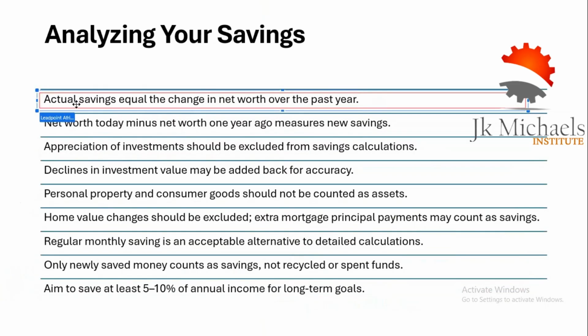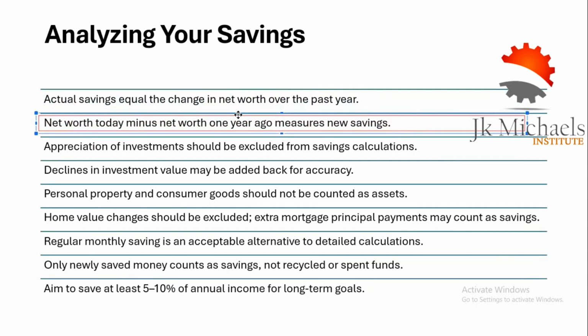Right. Now, actual savings equal the change of net worth over the past years, right? So what you end up saving, and I'm going to show this using the next video, we're going to see how your savings can improve your net worth in coming years, right?